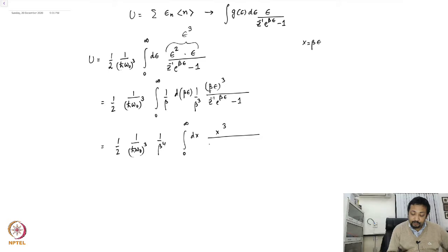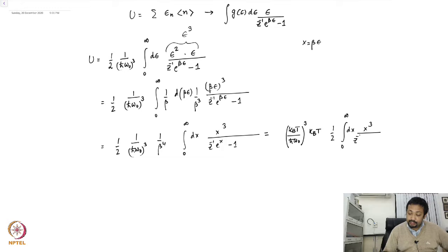x cube over z inverse e to the power x minus 1, which we rewrite as kBT over h bar omega naught whole cube times another factor of kBT, and then I am left with half, 0 to infinity dx x cube over z inverse e to the power x minus 1.